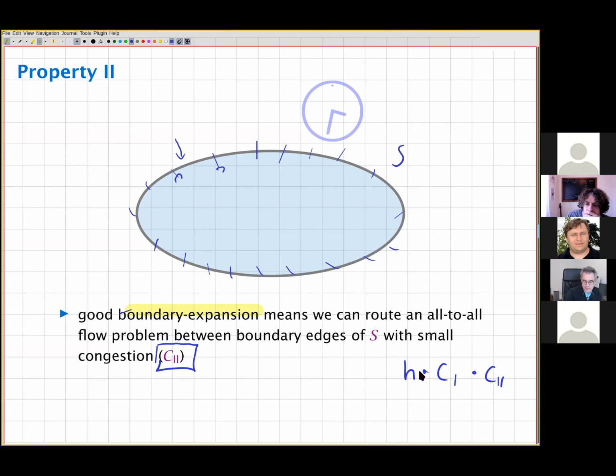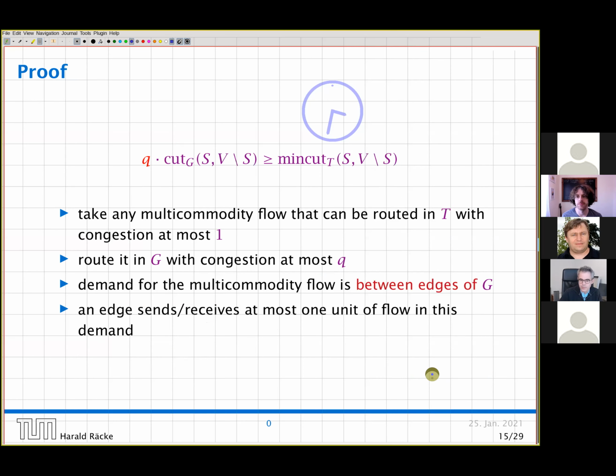Okay, so why do I get this quality? Or how do I prove a quality? The idea of proving the quality is the following. Again, the first direction we have shown, we just now have to show that the cuts in the graph are not too much smaller than the cuts in the tree.